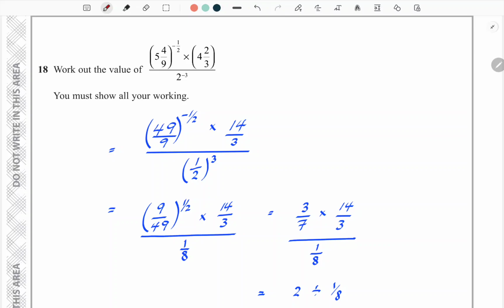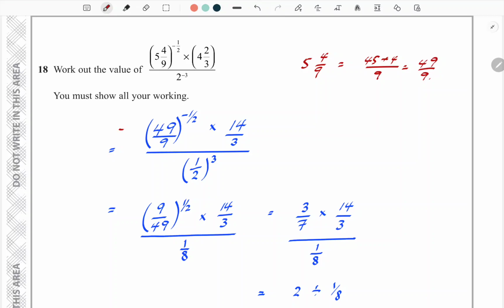Okay, first thing is convert the mixed numbers into improper fractions. So the first one, 5 and 4/9. 9 5s are 45, plus 4, in case you've forgotten how to do this, and you get 49 over 9. Same process for the 4 and 2/3.